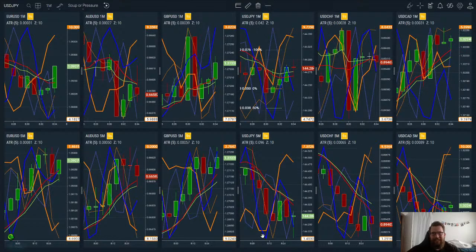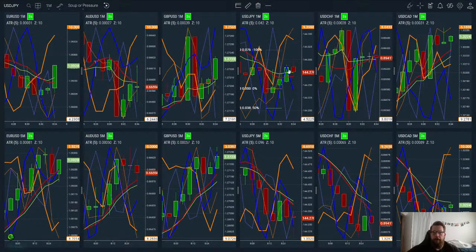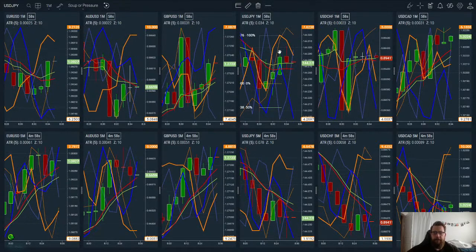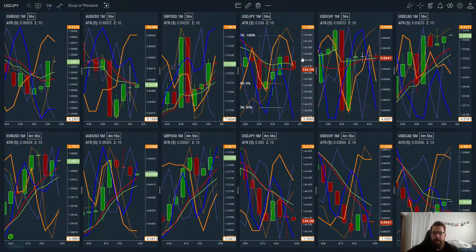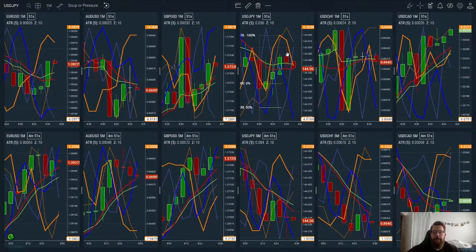I was gonna say it looks like there's a decent sized spread, so it doesn't even need to go up all the way for us to get out of the trade here.